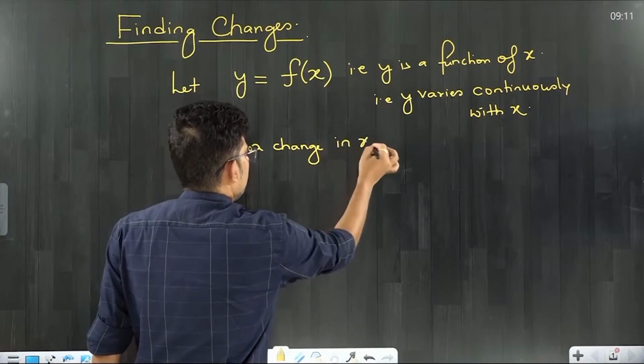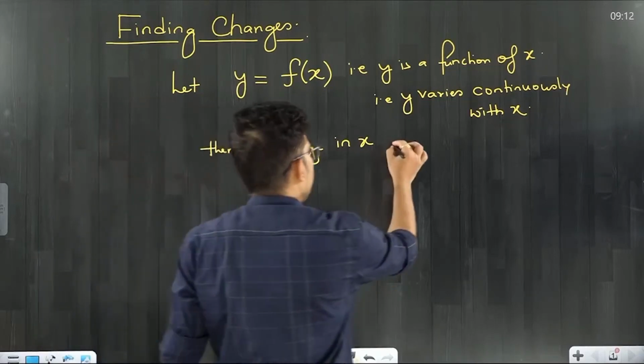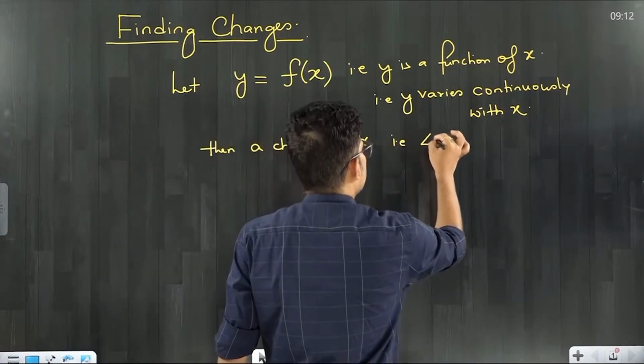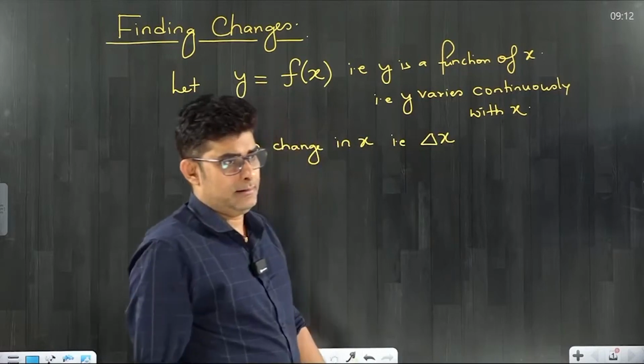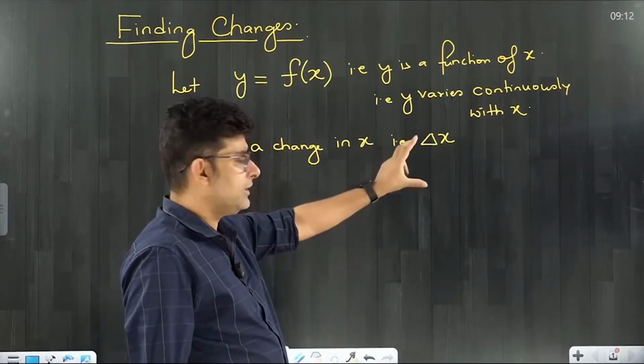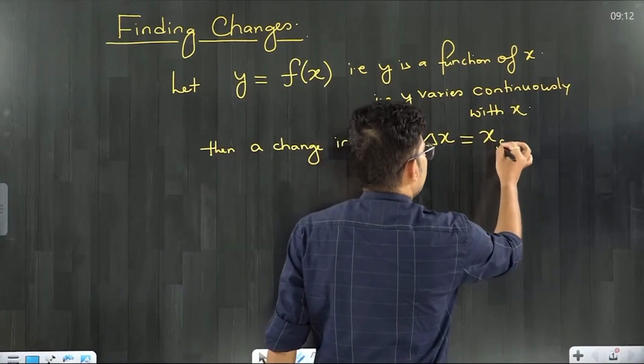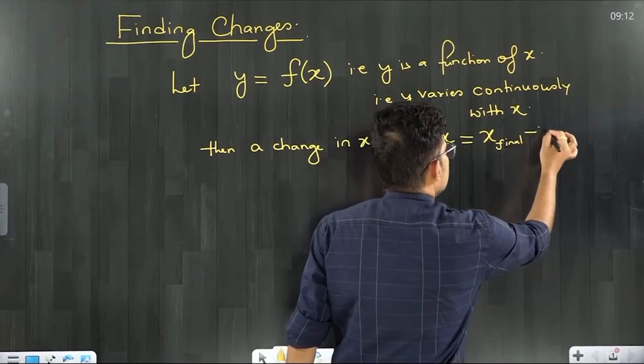in x, suppose we change the value of x, change in x, we will mathematically represent it as delta x. Delta x, whenever you see the word change, listen carefully, what will you understand? Delta x or change means the final value minus initial value.